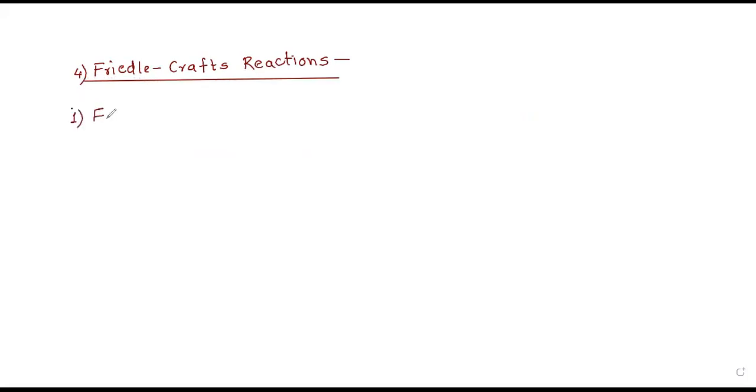The next reaction set which we are doing is known by scientists' names. It is called Friedel-Crafts reactions. Friedel and Crafts, two people, discovered these two reactions. First is called Friedel-Crafts alkylation, introducing an alkyl group.